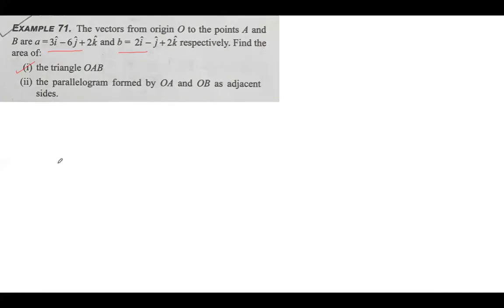Now look, this is the origin O, this is A, this is B. We know vector OA is equal to vector A. This is 3i minus 6j plus 2k, and OB is equal to vector B, which is equal to 2i minus j plus 2k.